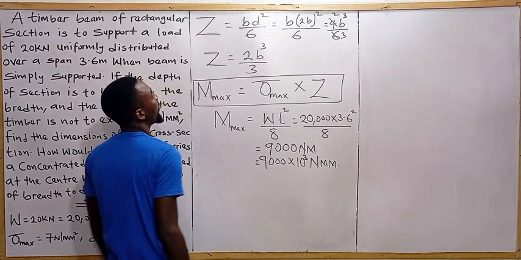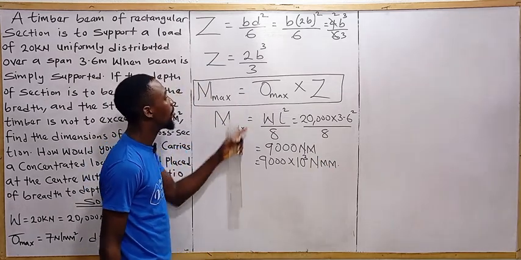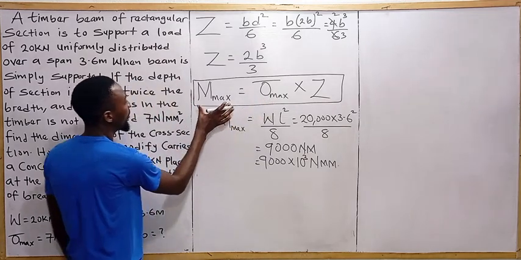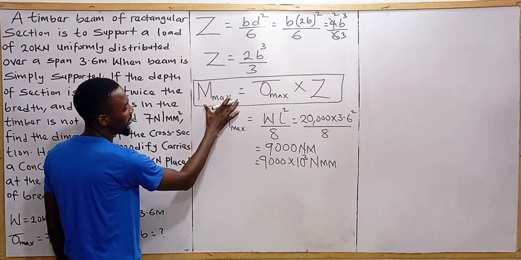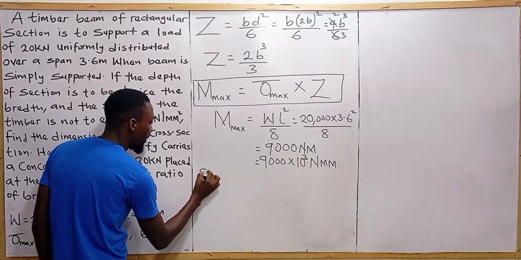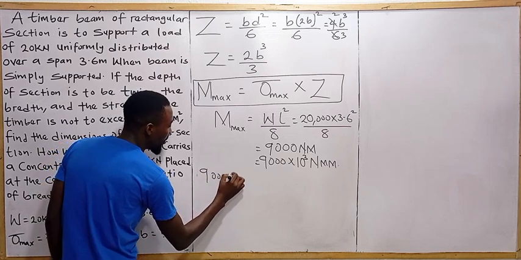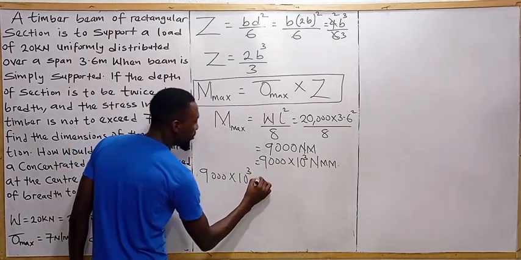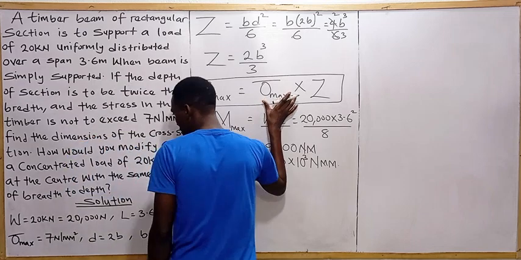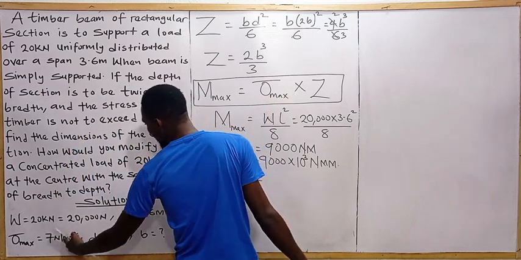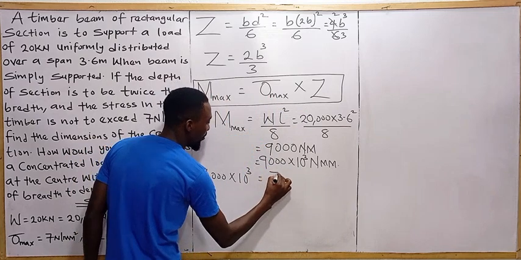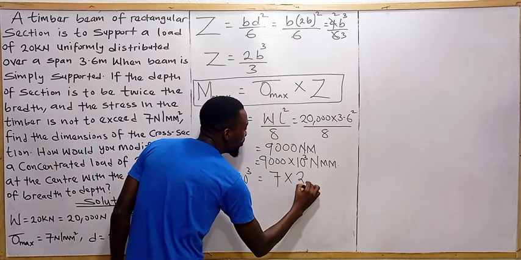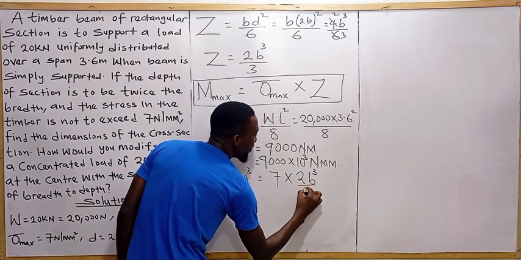Now, if we consider this formula, we have our maximum bending moment, which is 9,000 multiplied by 10 to the power of 3, equal to our stress, which is 7 Newton per mm squared, multiplied by our section modulus, which is 2B cubed divided by 3.